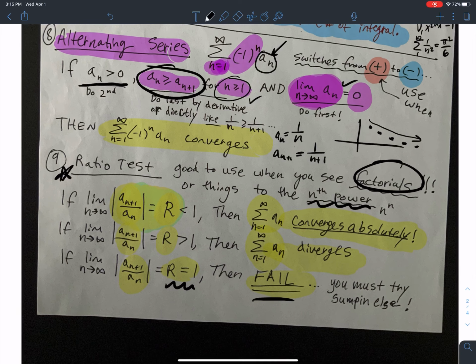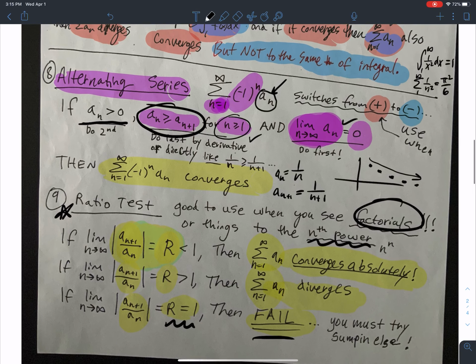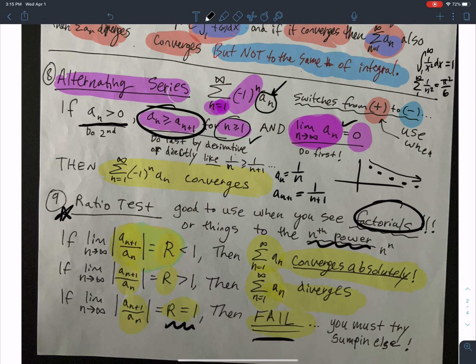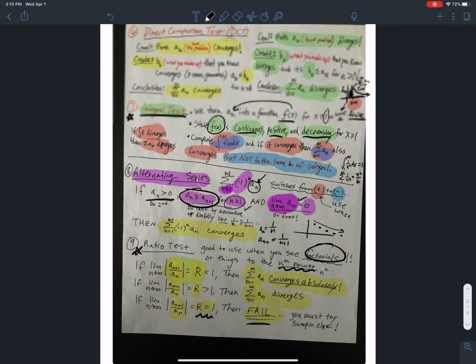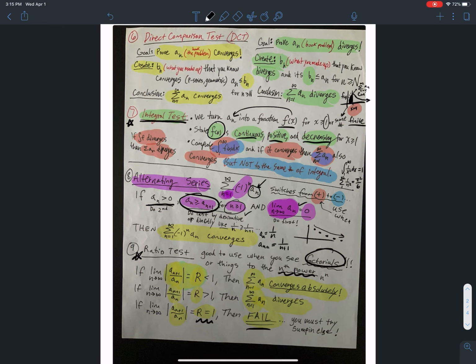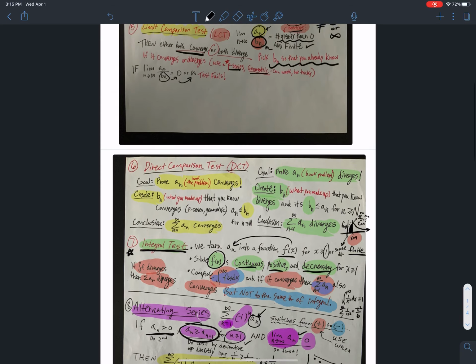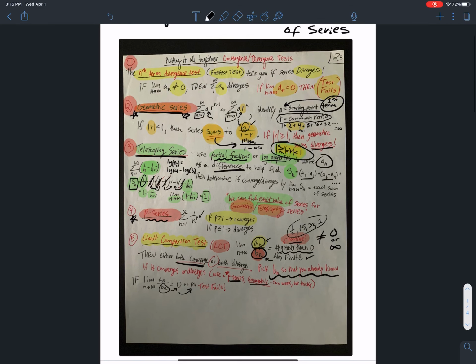There might be some examples you could come up with that would stump it, but typically the ratio test can take care of anything the root test can, though there might be one or two types of problems it couldn't. This is just a summarization, a 30,000 foot view of all the different tests we've run through so far.